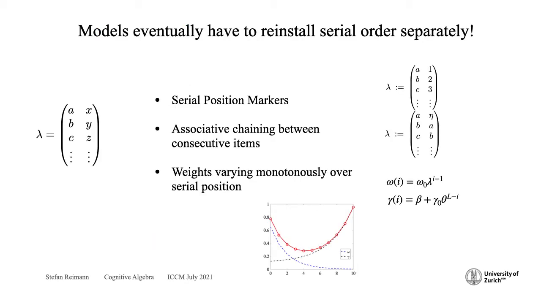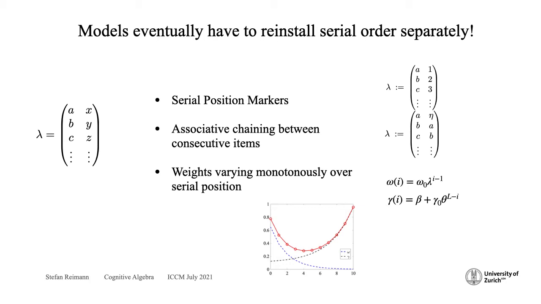To represent serial order anyway, the loss of serial information has to be repaired in that serial information has to be reinstalled. For that purpose, various mechanisms are used, leading to different types of models. Position markers are postulated to code serial position in absolute terms.